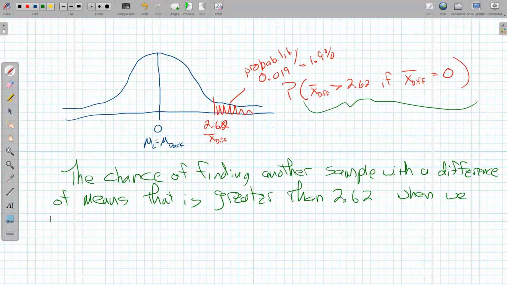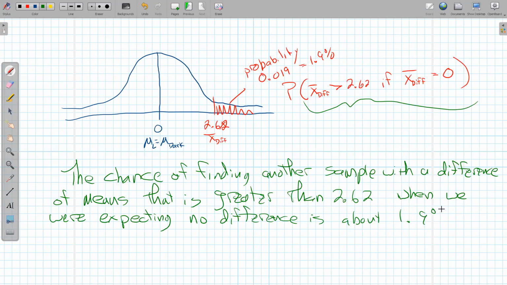That's important. It's about 1.9%. 1.9% chance that would happen.